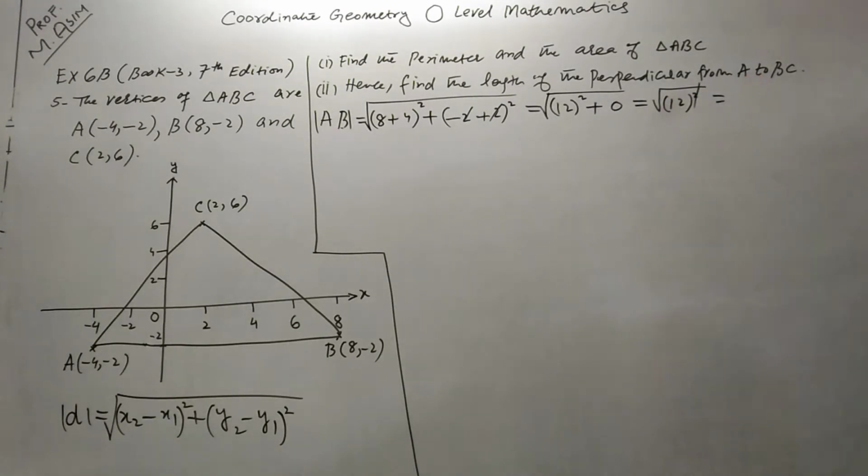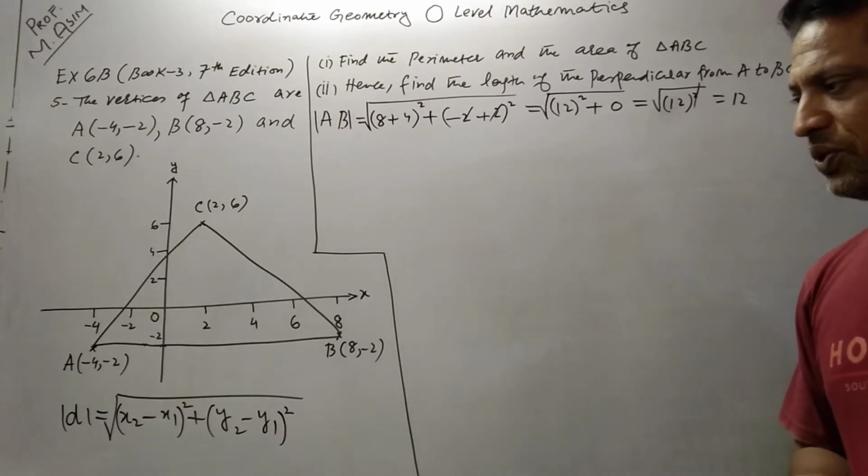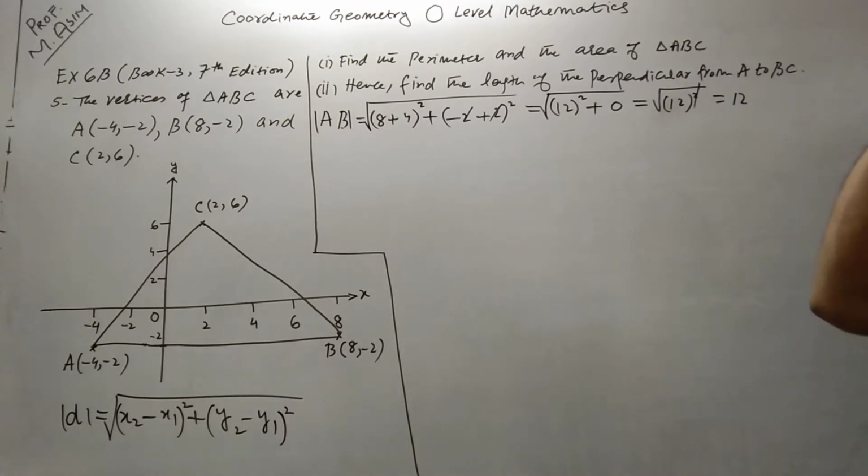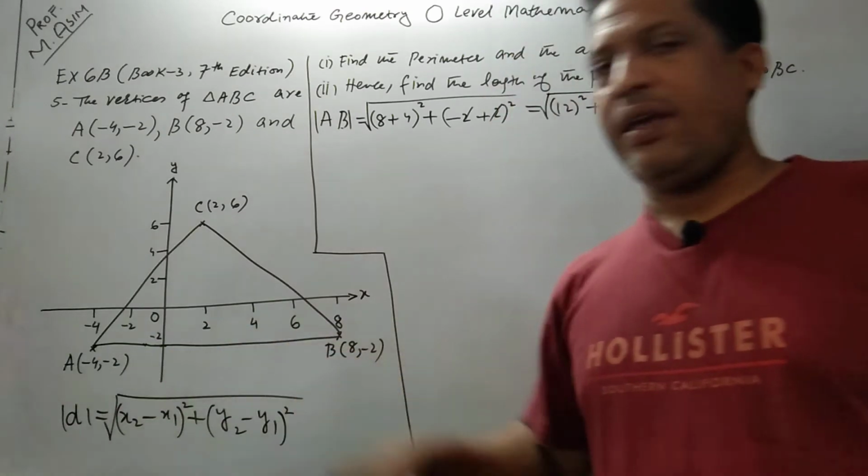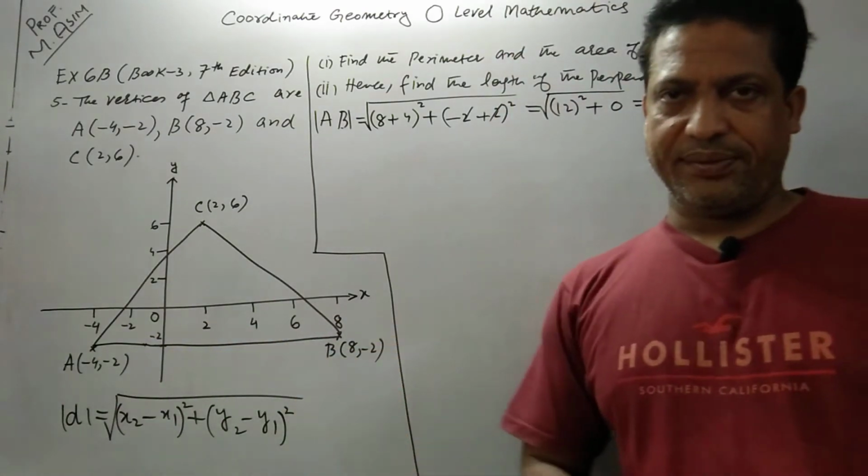Square and root both cancel. The answer is 12.